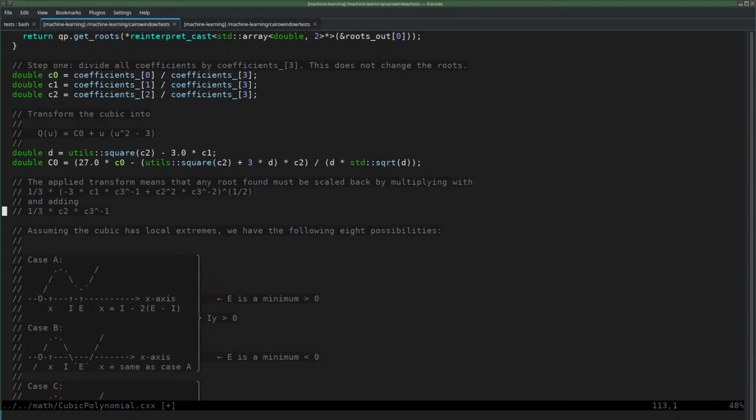Which means we must add this. This was called scale.